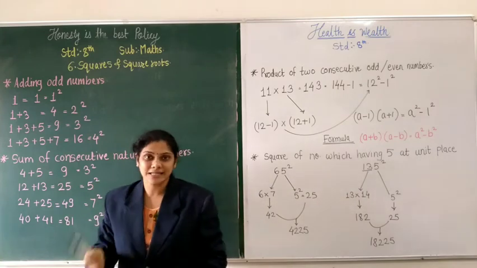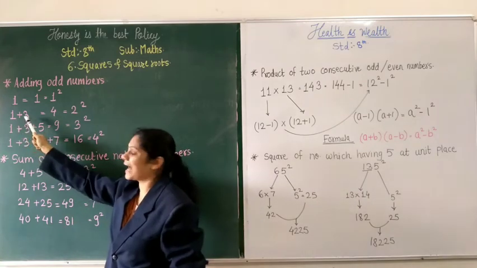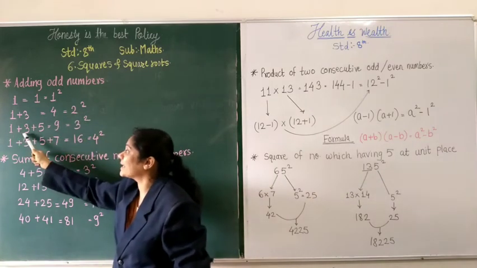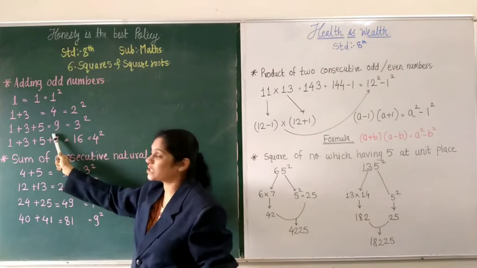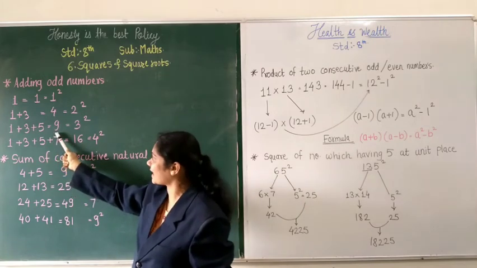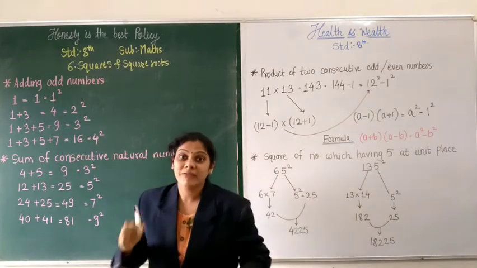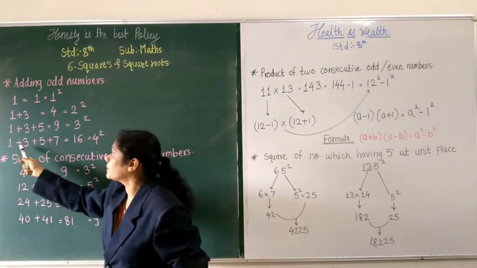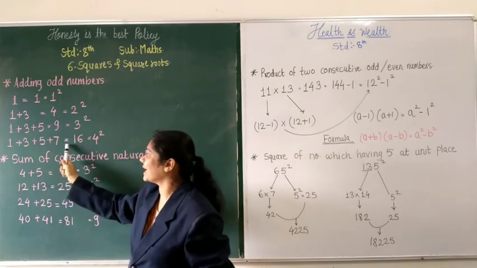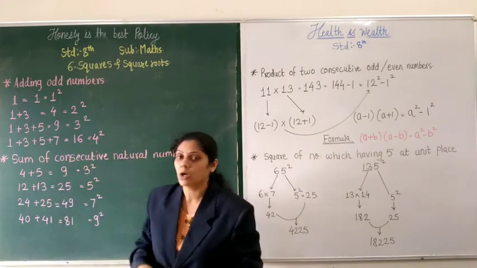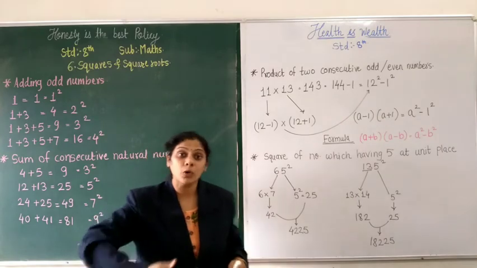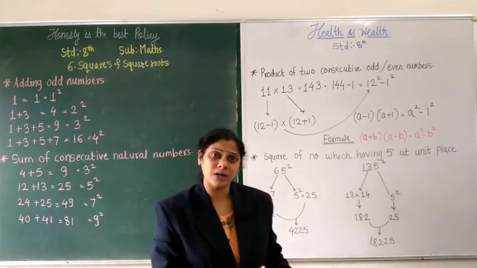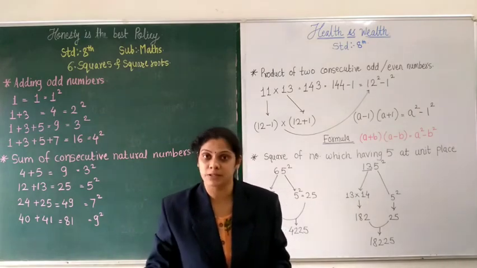The next number is 3. If I add 1 and 3, I get 4, which is the square of 2. Then 1 plus 3 plus 5, the sum of these 3 odd numbers is 9, which is the square of 3. If I add the next number, 1 plus 3 plus 5 plus 7, that is 16, which is the square of 4. So if I add one more odd number to the previous odd numbers, I get the square numbers.